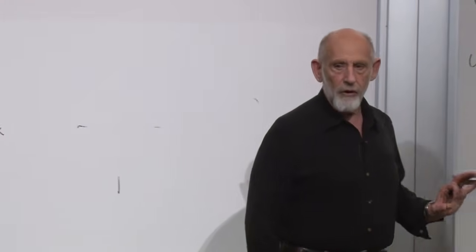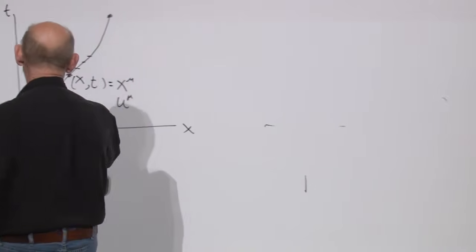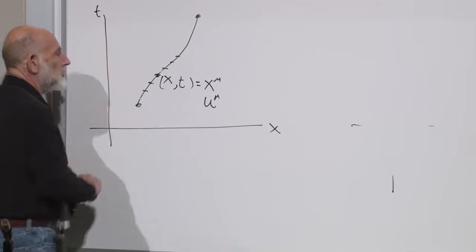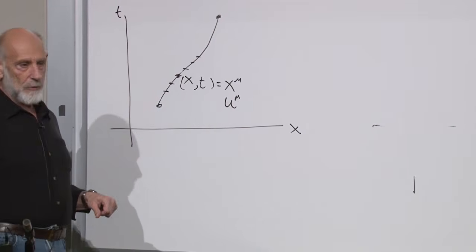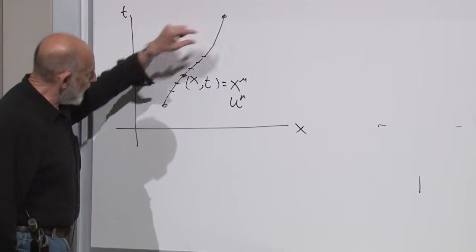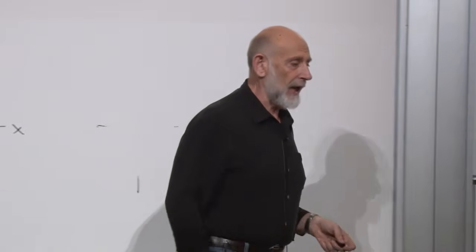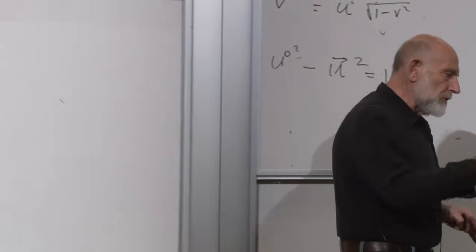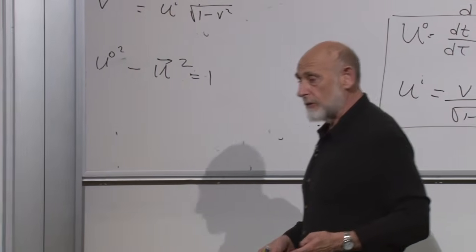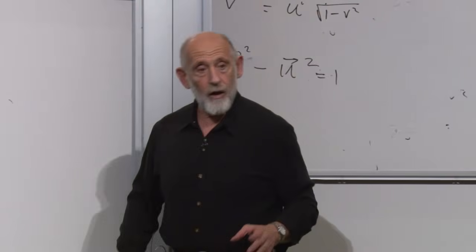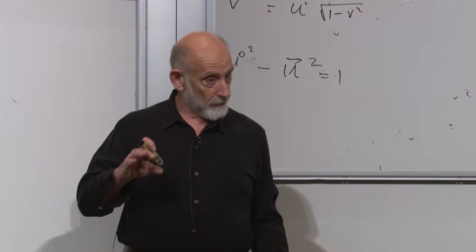And the other thing that we've learned from experience is the action should be built up incrementally as a sum over the trajectory of little infinitesimal pieces for each segment of the trajectory. We can abstract from classical mechanics that the action is an integral over the trajectory, and the thing of which it is an integral should be a quantity which is the same in every reference frame.